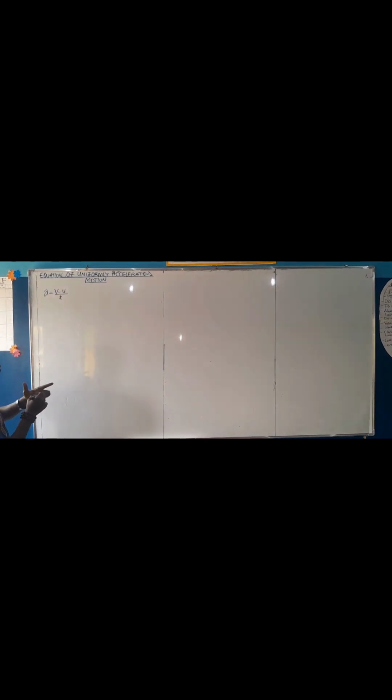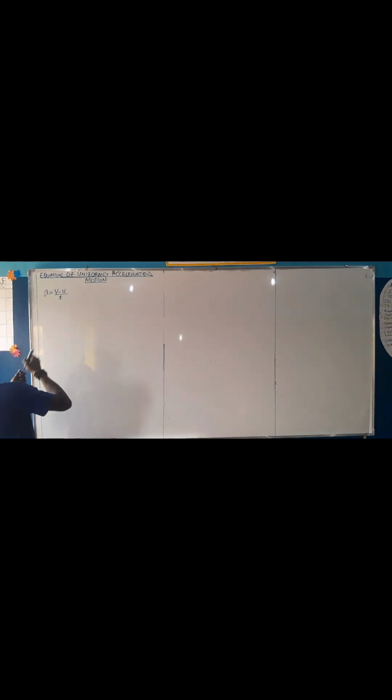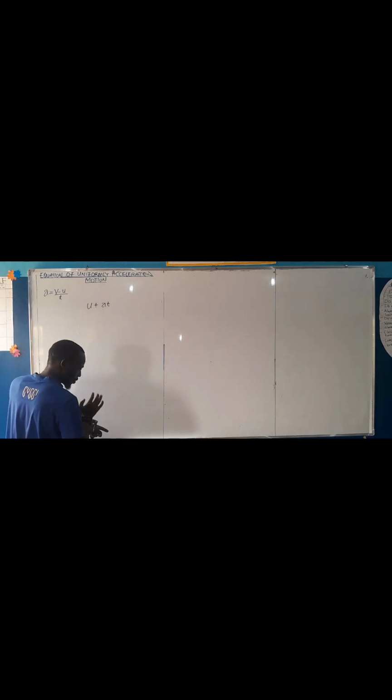And what I said initially was, if you see a car moving with initial velocity, let's say u, for the car to be moving, it means that the car is accelerating. Accelerating with what? With time.